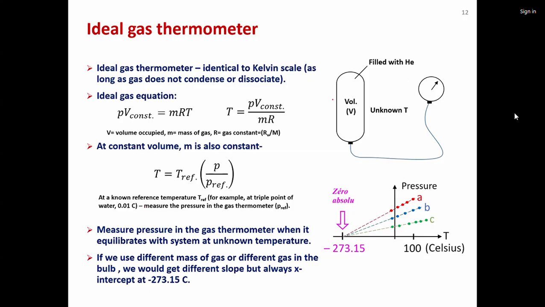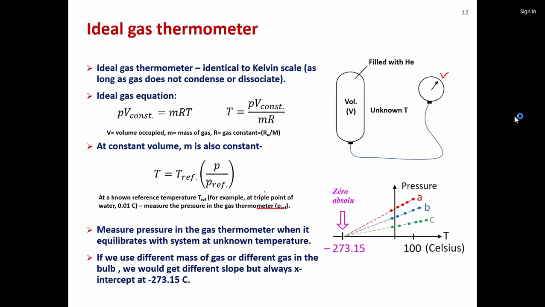So if you expose this container or the tank to 0.01 degrees centigrade, a known reference temperature, the corresponding pressure indicated by this dial is going to be the reference pressure. So you know the reference temperature and the corresponding reference pressure.